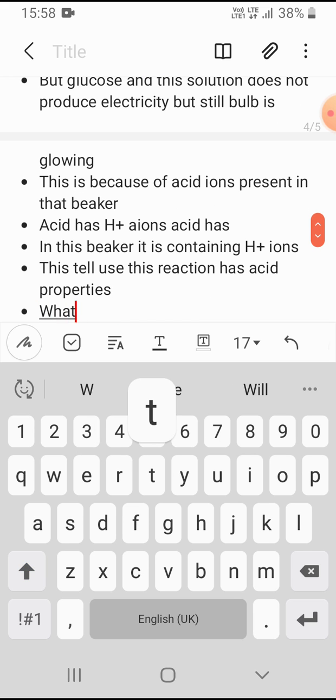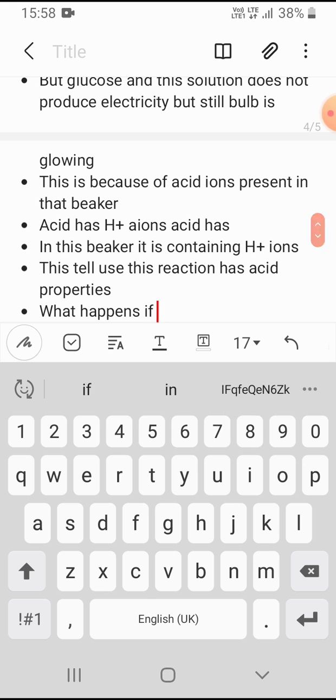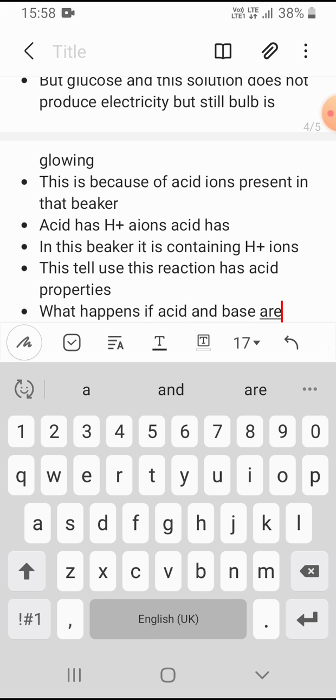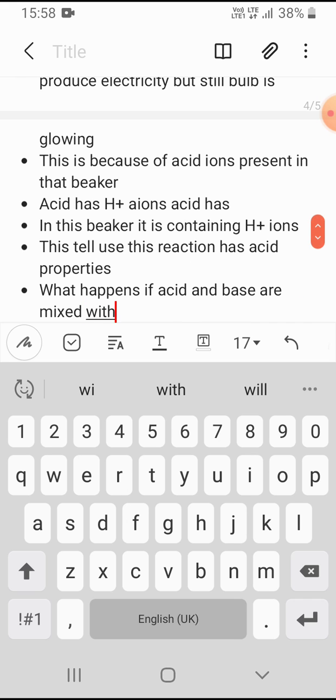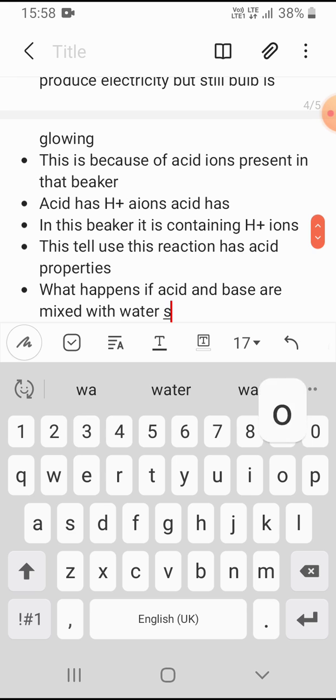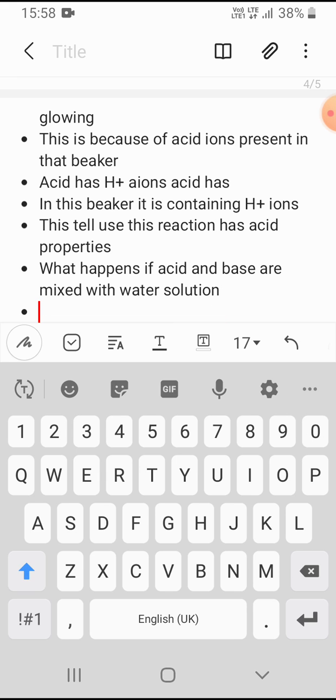So the next topic is what happens if acid and base are mixed with water solution. What will form? It is similar.